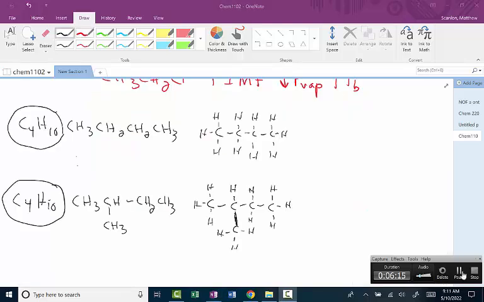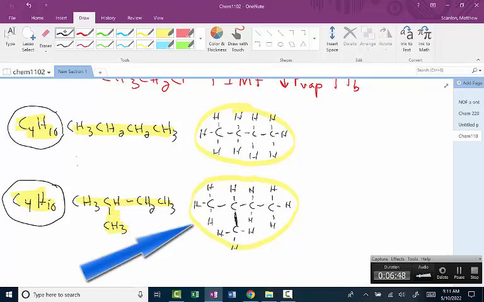Let's do another one. So here are the next two compounds. They're called isomers. They both have the same formula, C4H10, but this is a straight line molecule, and this one has some crooks and crannies on it because it has this branching. Here's what they look like if I draw the Lewis dot structures. And so the question is, which has the larger intermolecular forces? They only have London forces, but this one's branched, so this will have less London.